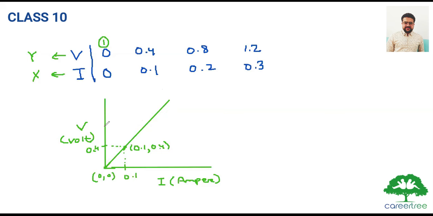Similarly, I can go ahead and plot the other coordinates. Suppose my y-axis has the next point as 0.8, and the corresponding x coordinate as 0.2.